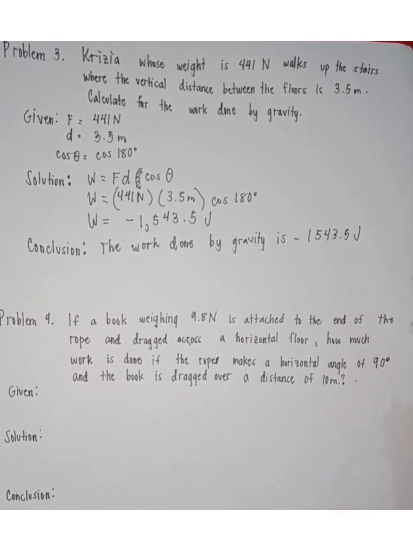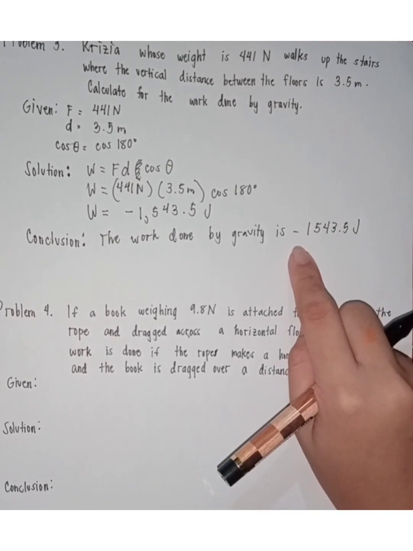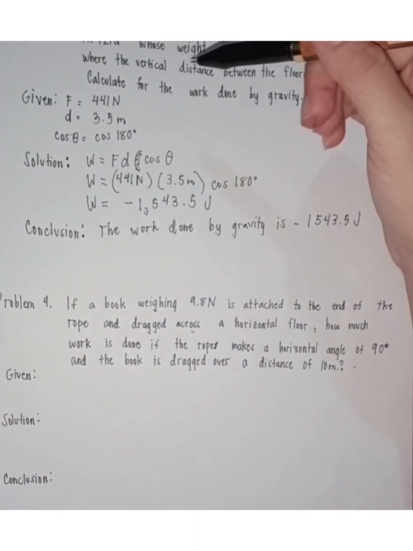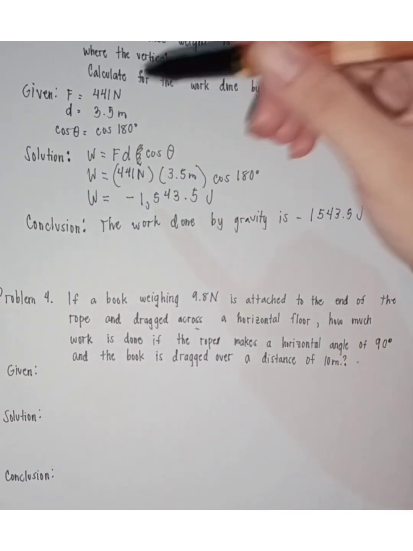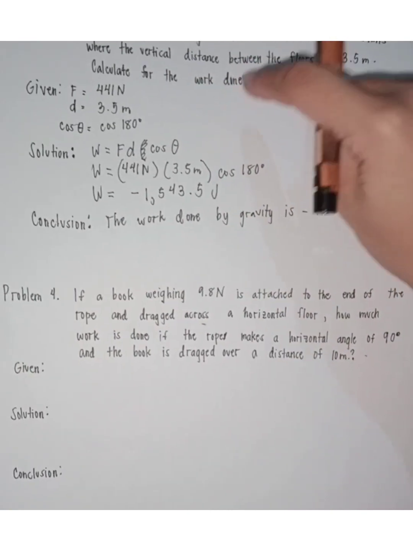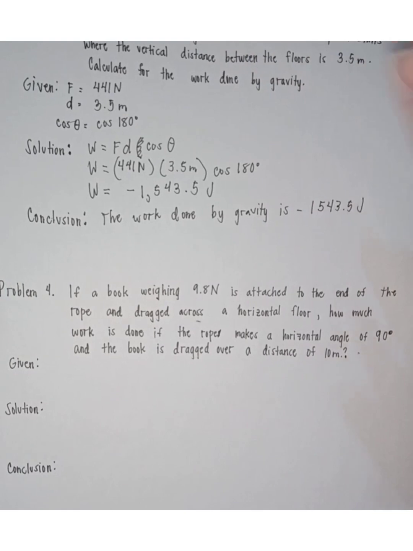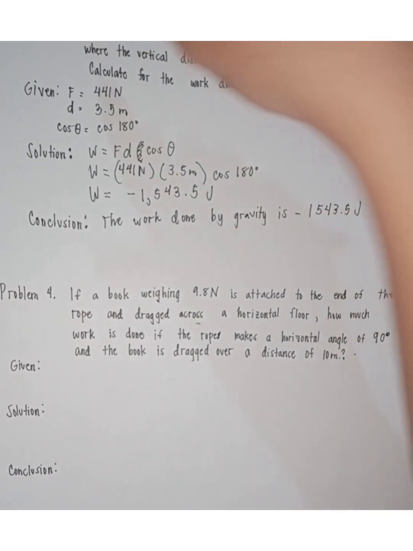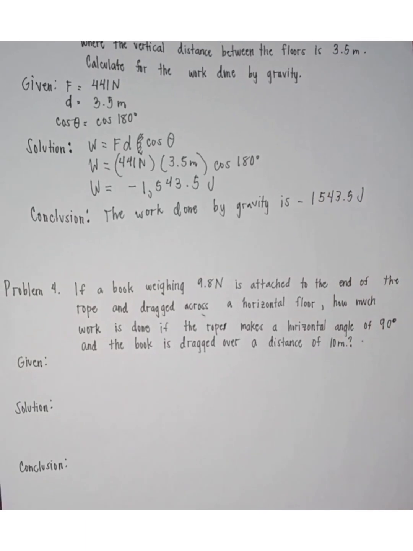It is negative because their directions are opposite to each other. The direction of the work done by Grisha is opposite to the direction of gravity.